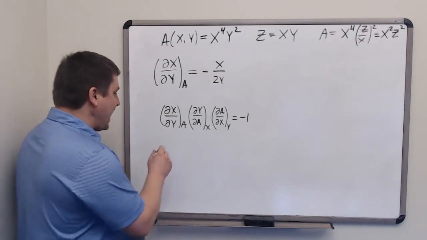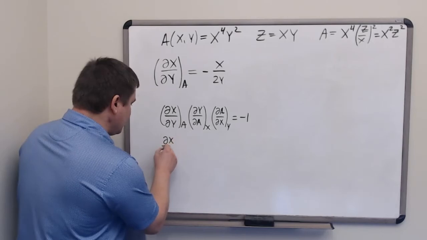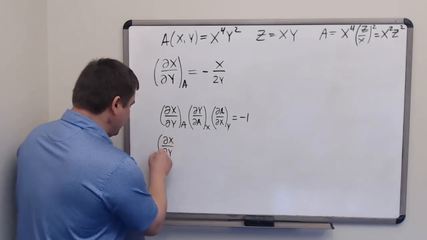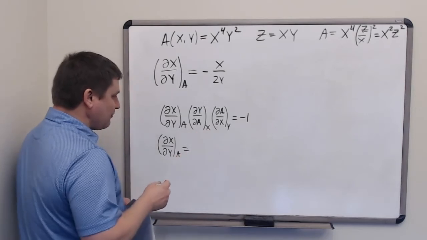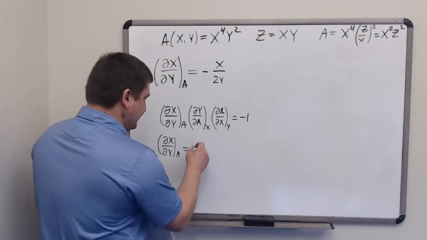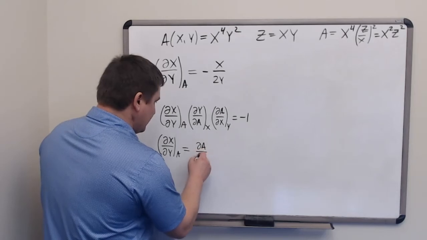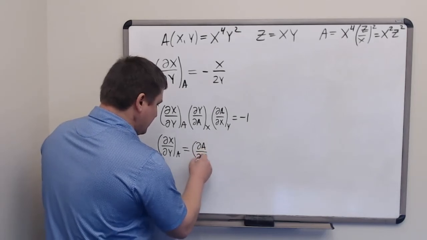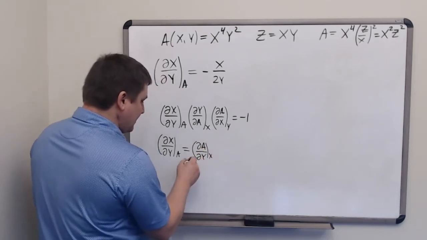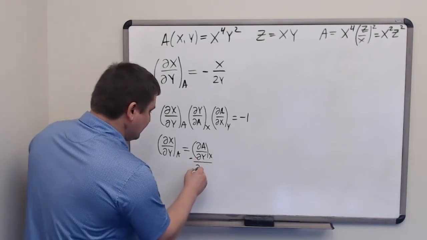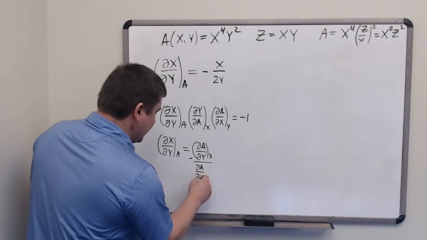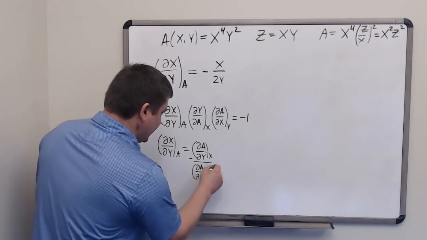Okay, so after that, I turn this around and move the second two product to the other side. So I'll have dA dy with respect to x, minus sign, and then I'll divide both sides by dA dx with respect to y.